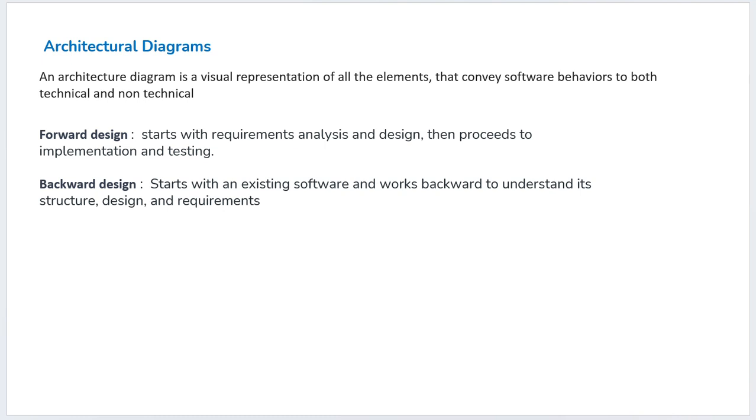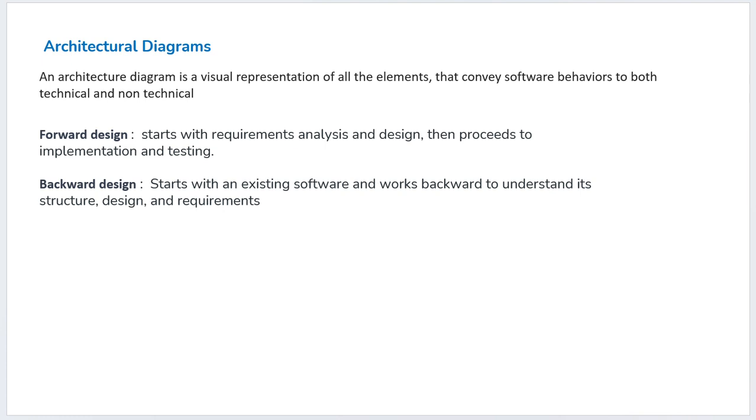We have two categories: diagramming before you start coding and diagramming after your code has been written. We have different benefits for forward design and backward design. Forward design starts with requirement analysis and design, then proceeds to implementation and testing.